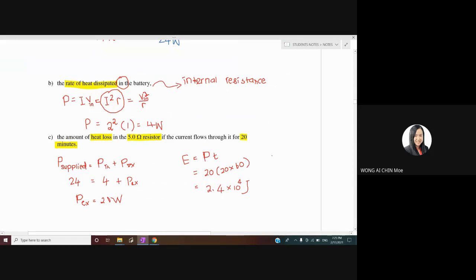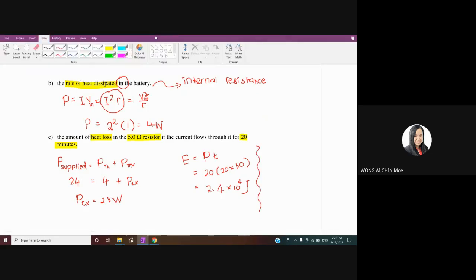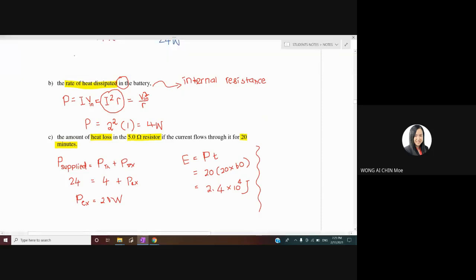Or the other way, we can use the equations directly.